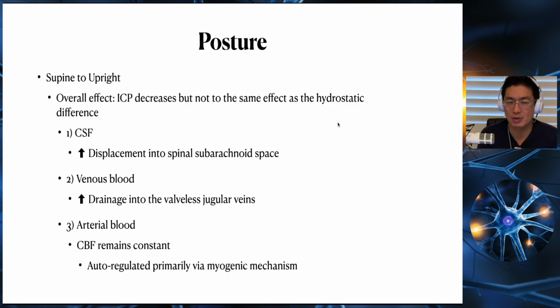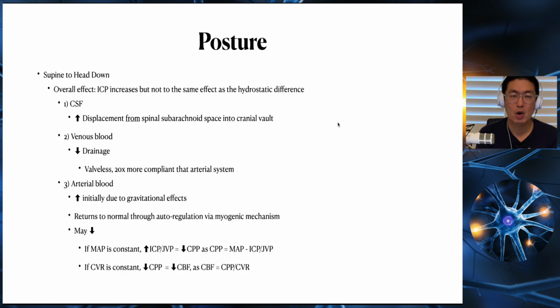Because it's autoregulated primarily via the myogenic mechanism. So even though when you go from supine to standing, your baroreceptors are kicking in, at that initial moment, there is that slight decrease in your mean arterial pressure. What happens is that with the myogenic mechanism, it should still maintain your cerebral blood flow. And by doing that, it counteracts the hydrostatic differences that occur, which is why ICP decreases, but not to the same effect.